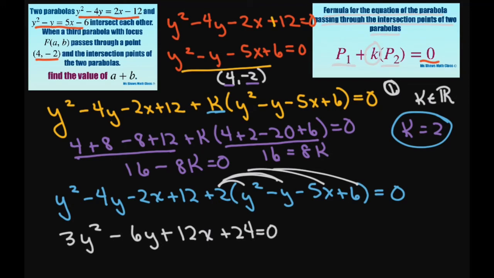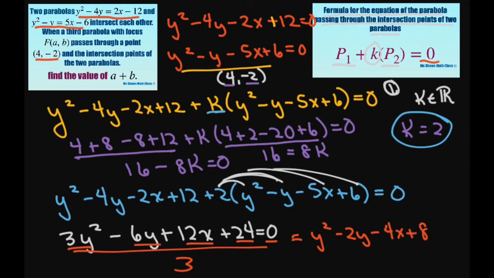These are all multiples of 3, so if I divide all of this by 3, I get y squared minus 2y minus 4x plus 8 equals 0.